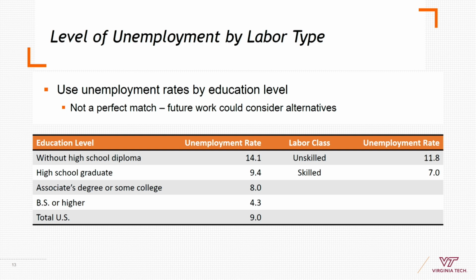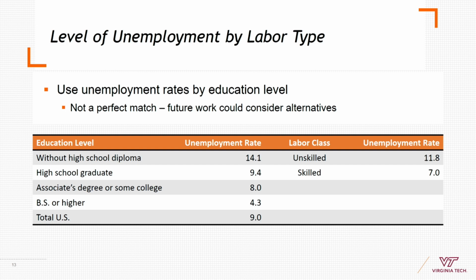These are just from the CPS: the different levels of unemployment by different levels of educational attainment. Obviously, the less educational attainment you have, the higher the unemployment rate. Of course, you could have a high school degree and still be a skilled worker, if you are a welder or something.